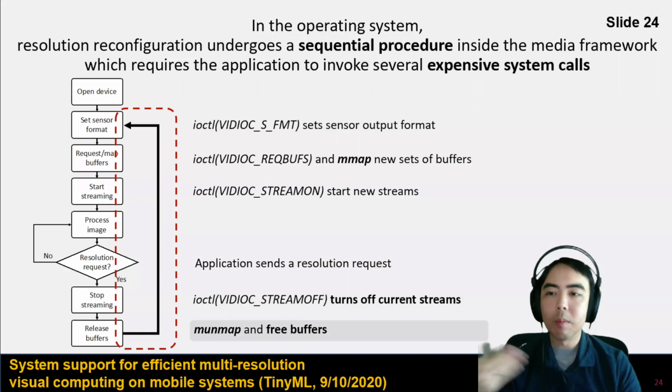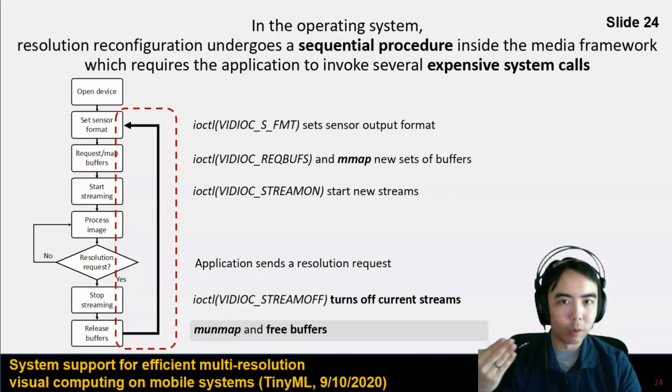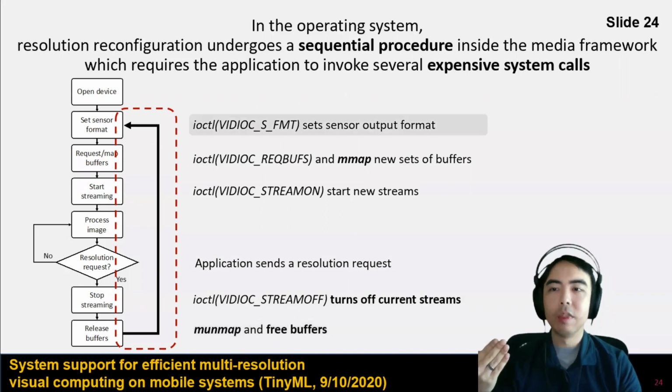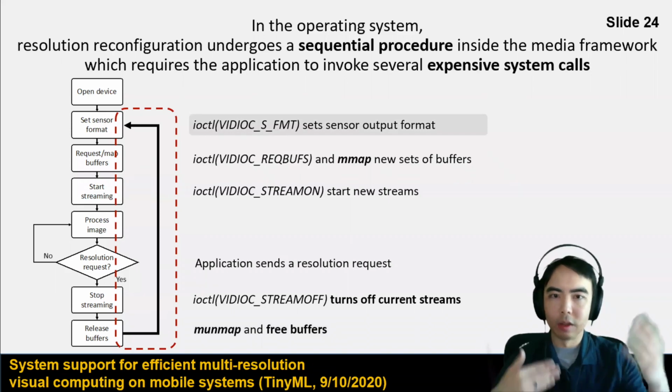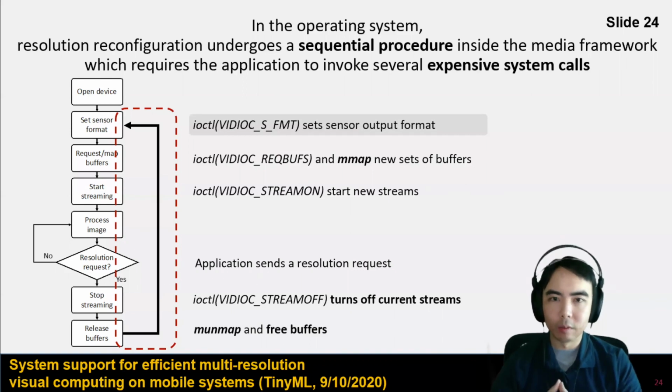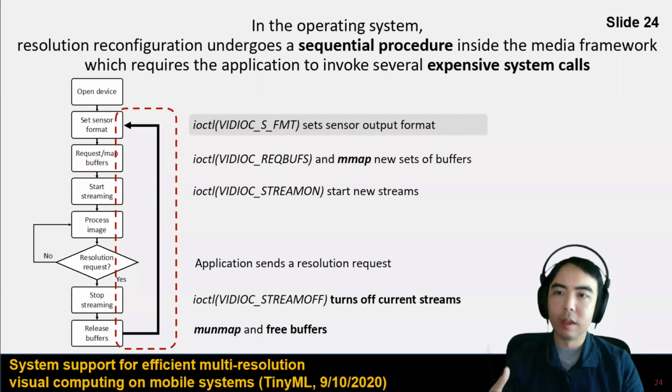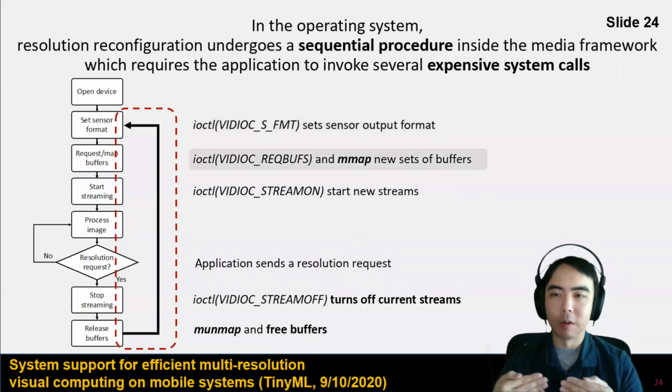And then it unmaps the buffer with which it's holding the frames, freeing them up. And then it goes ahead and sets the sensor format. So it changes that hardware register value in order to change the format that the sensor is reading out at, which we covered on the last slide. After that, it will memory map a new set of buffers. So it's going to now allocate different memory for this set of frames.